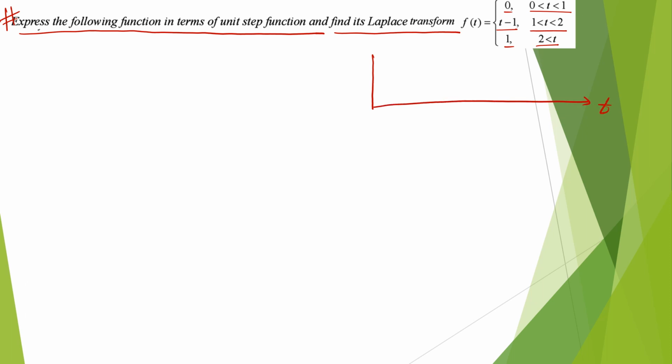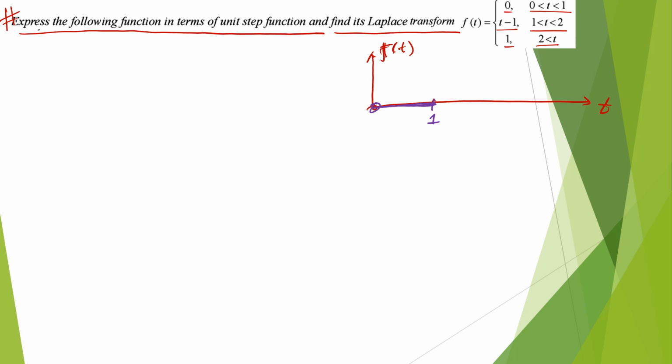This axis is for t and this is representing f(t). According to it, when t is from 0 to 1, the value of the function is 0. So this is the graph, the value of the function is 0.